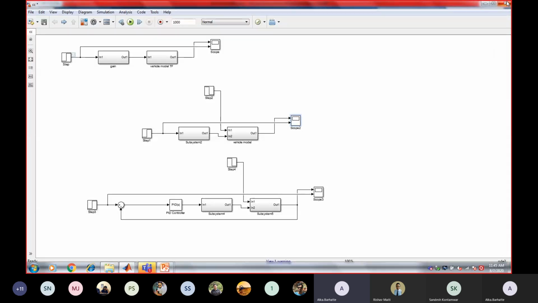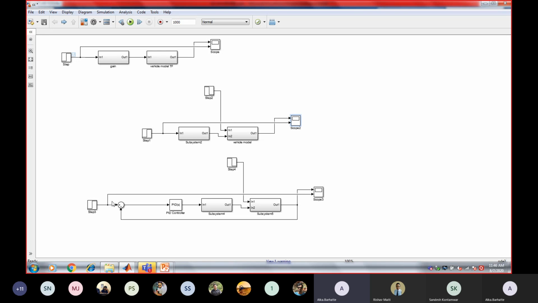That is possible by getting the feedback, by reading the actual speed at every instant of time and comparing that speed with the required set point. This step function is representing the expected speed of your vehicle, and this feedback line is representing the actual speed that we are getting.